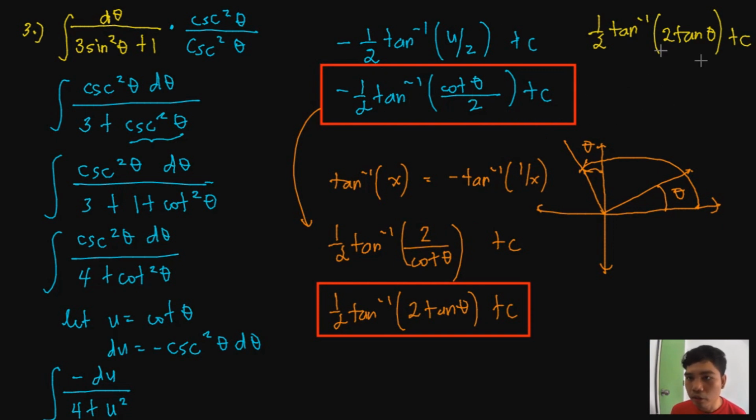Hindi ko sinasabi malito, it's just that mas nakakalito siya kapag in-apply natin ng gantong formula, which is tama naman yan, and this is actually a result of another method na ginawa natin. Halimbawa, nag-redefine tayo from this expression and then iba yung ginamit nating method. So most probably this will be the result, and that is also a correct answer.